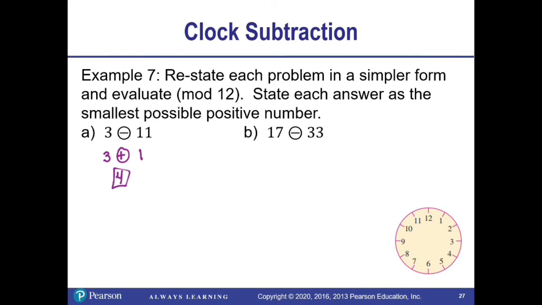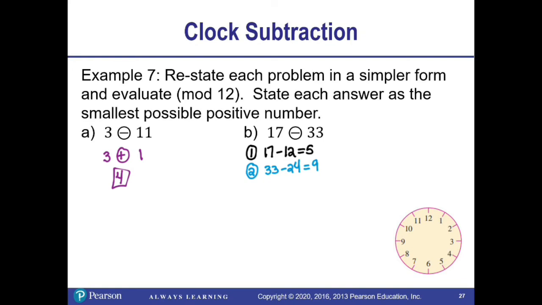In part B, both of my numbers are bigger than 12. So I'm going to subtract out multiples of 12, just like we did with addition, to be sure I start with a number between 1 and 12. So 17 minus 12 is 5, and 33 minus 24 is 9. Again, I use multiples of 12.